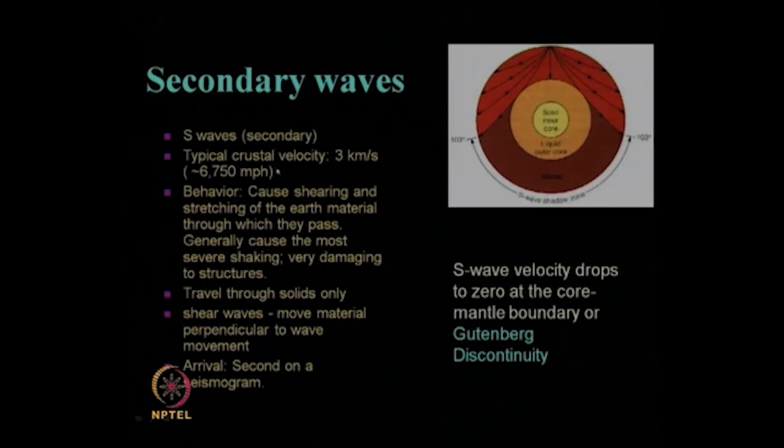The typical crustal velocity of this secondary wave is about 3 kilometer per second. So, in the earth's crust, their typical velocity is about half of the primary wave. As you can see, the primary wave has a typical crustal velocity of about 6 kilometer per second, and this secondary wave has a typical crustal velocity of about 3 kilometer per second.